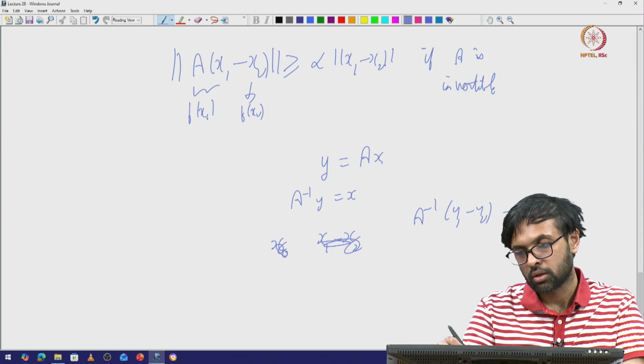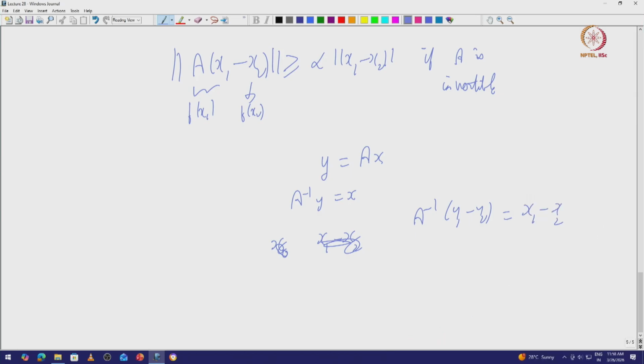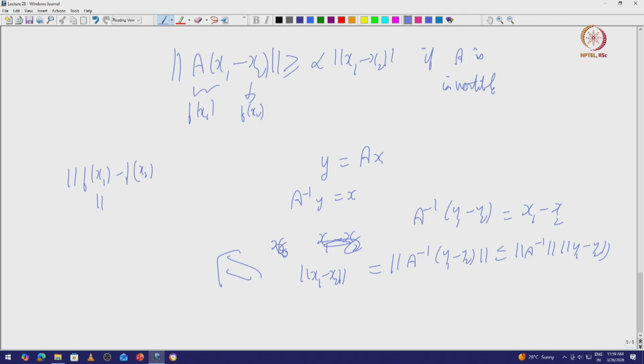So the norm of A inverse of y1 minus y2, which is less than the norm of A inverse times the norm of y1 minus y2, is the norm of x1 minus x2, which means the norm of f of x1 minus f of x2, which is what y1 minus y2 is, is larger than 1 by the norm of A inverse times the norm of x1 minus x2.